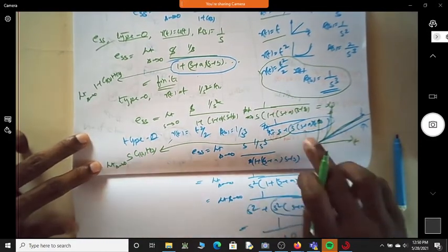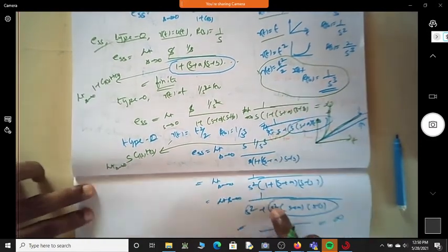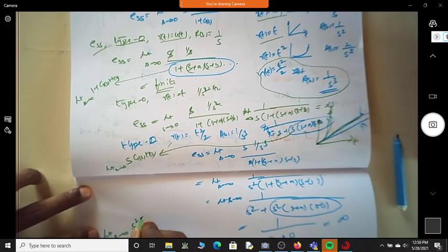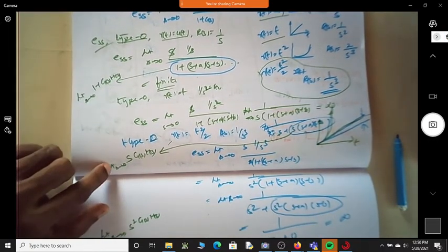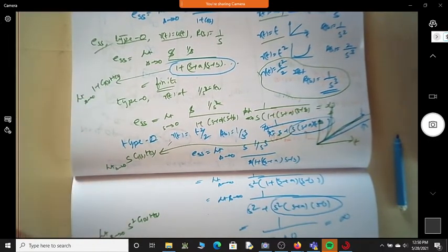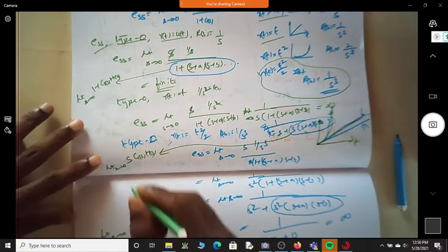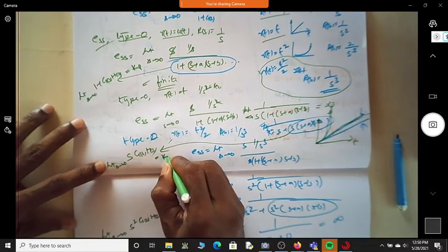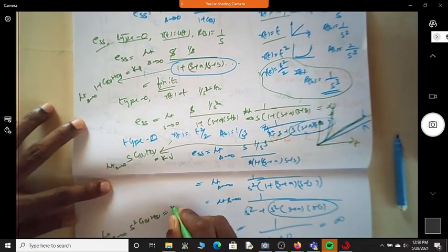See, there is s here. And coming to this, is it actually limit of s tending to 0, s square into g of s into h of s? Yes, sir. These are all called error constants. So this I'll call Kp, this I'll call Kv, this I'll call Ka.